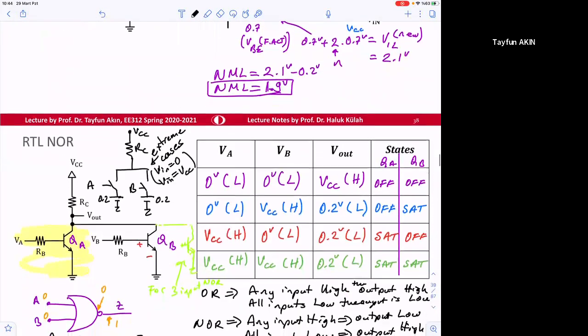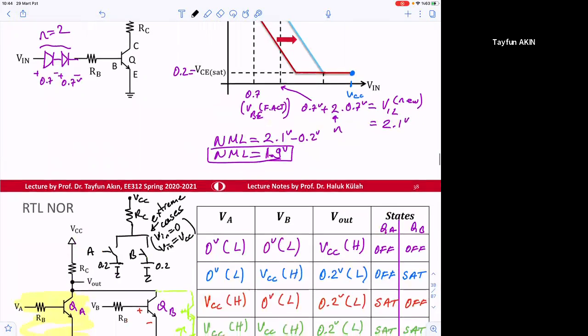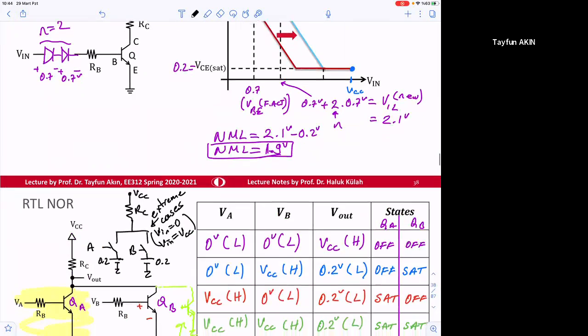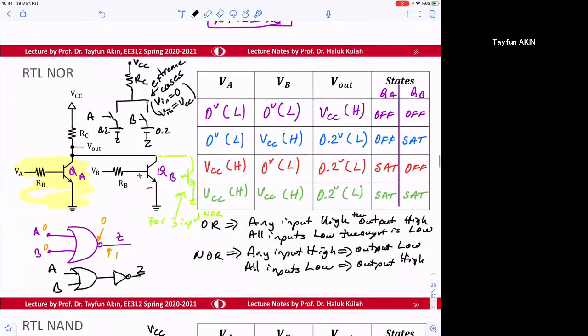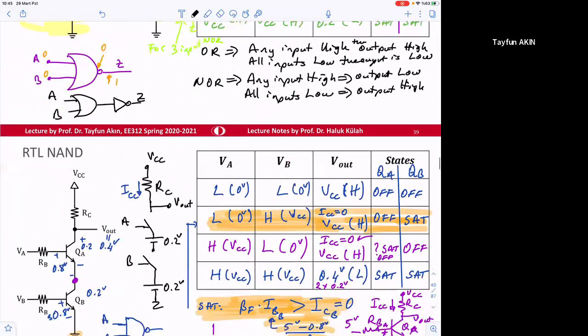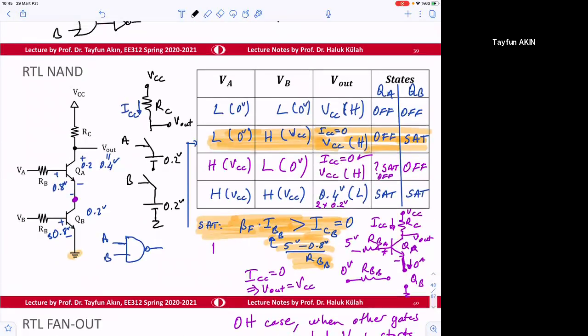But in normal operation we analyze it without those two diodes, and then we have seen how we can implement a NOR circuit and also an AND circuit. So these are like two-input ANDs. If we want a three-input AND, we can put three of them on top of each other.